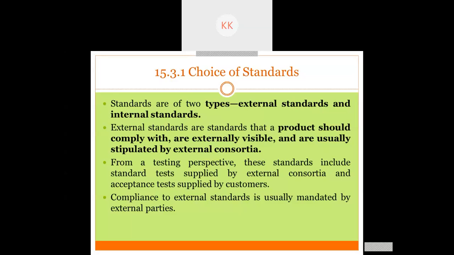Standards are of two types: external standard and internal standard. Internal standard means we can develop our own standard inside the organization. We will have a structured process and we can define some standards for testing and report generation.